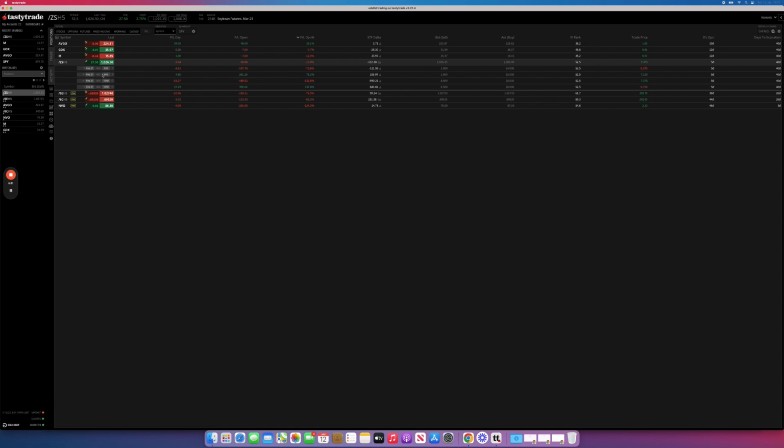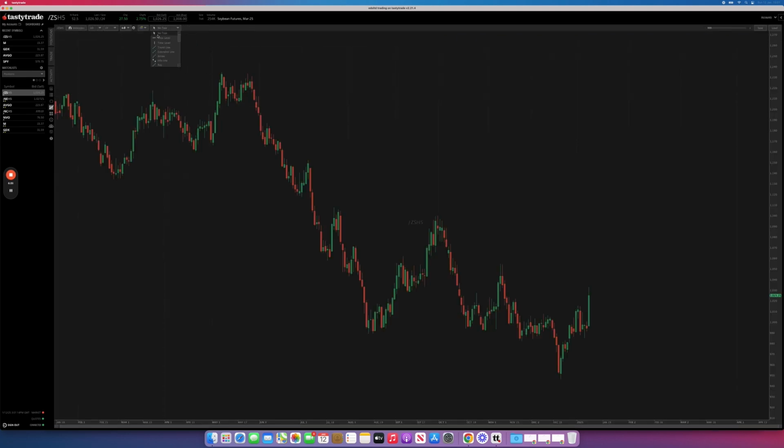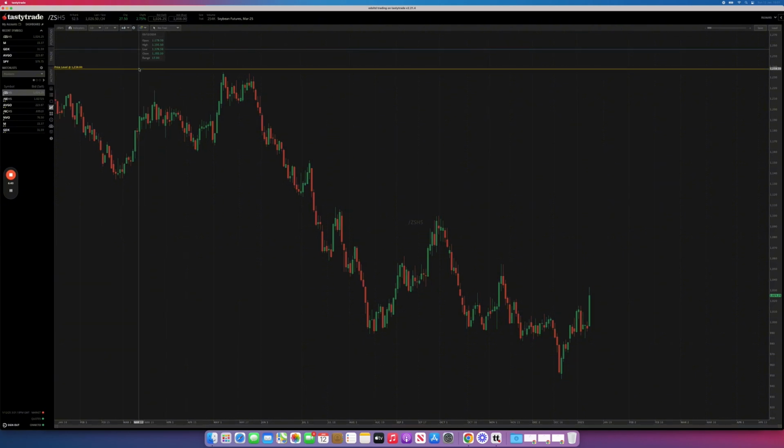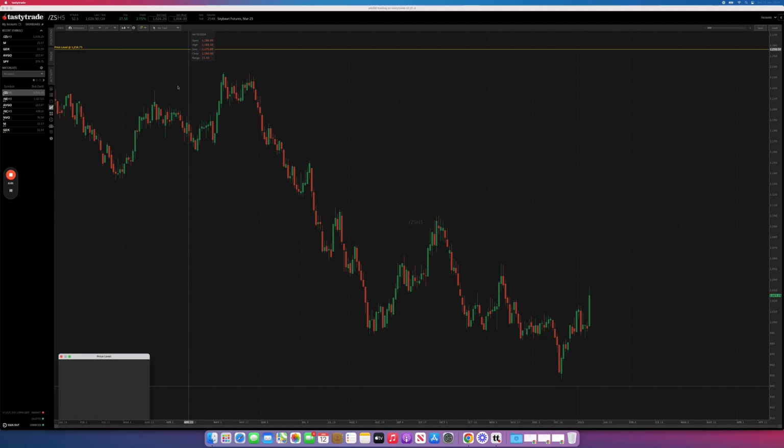Let's just mark out our short strikes on ZS, so 940 and 1040. Let's do that real quick. So 940 is our short put, and 1040 is our short call.